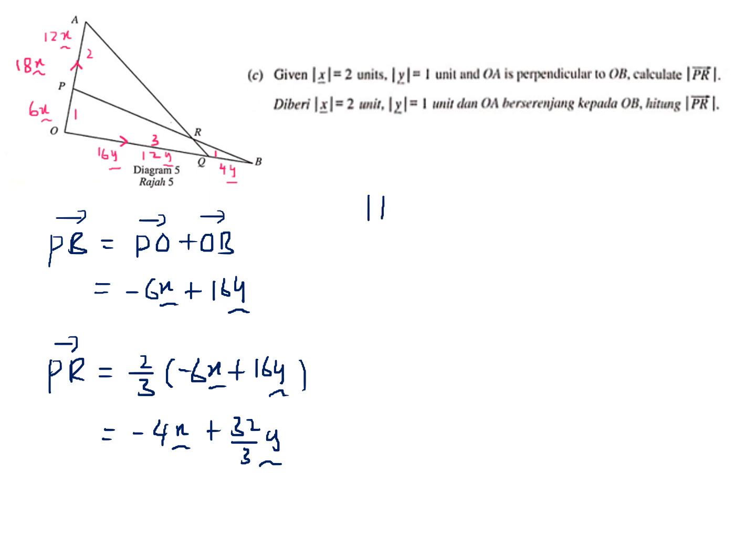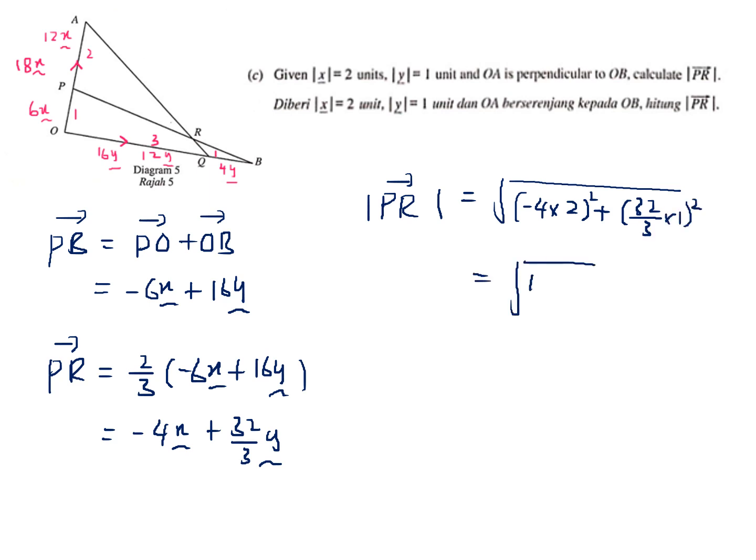To get the magnitude of vector PR, we can use the Pythagoras theorem, which is negative 4 times 2 squared plus 32 over 3 times 1 squared. We will obtain 1600 over 9. When we square root, we have 40 over 3.